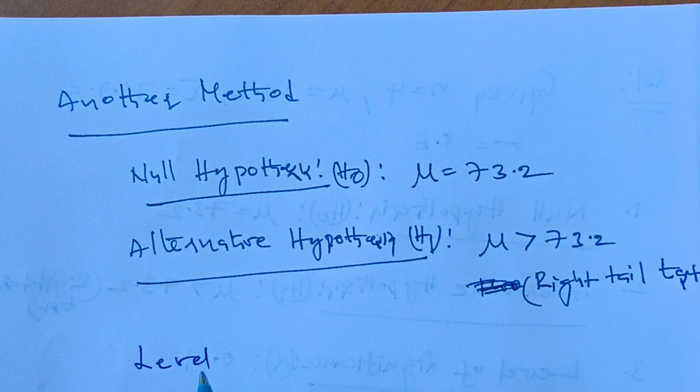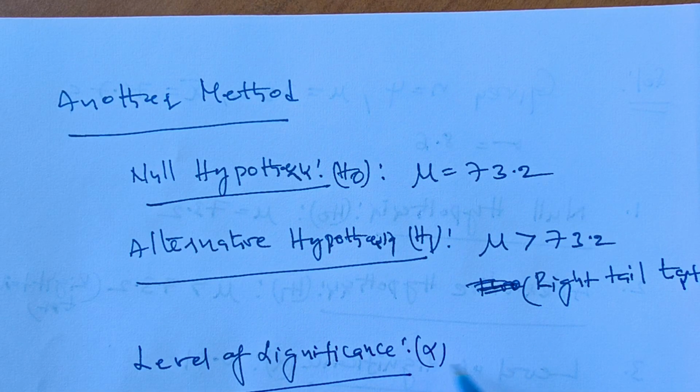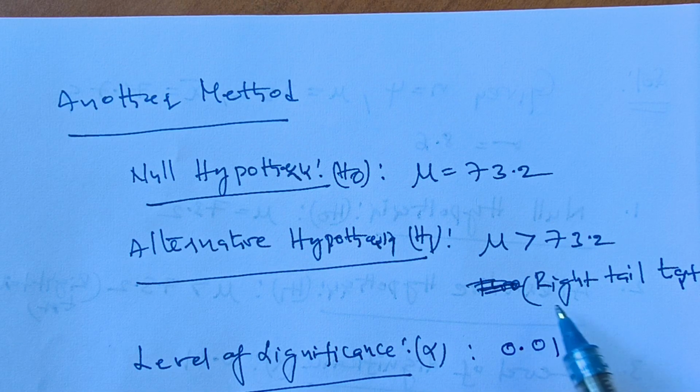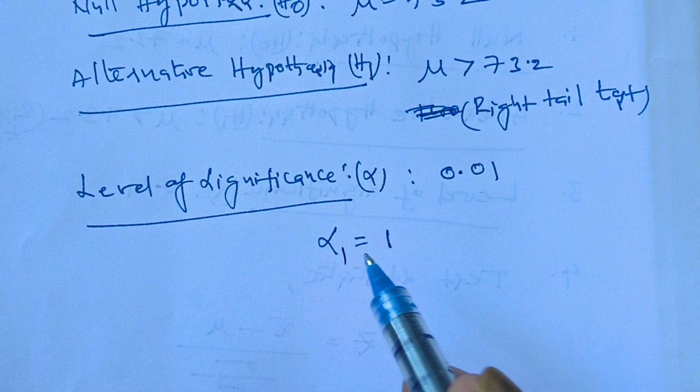Greater than means it is a right tail test. The level of significance is also given, that is 0.01. In the alternative hypothesis a right tail test is given, because there is a greater than symbol.